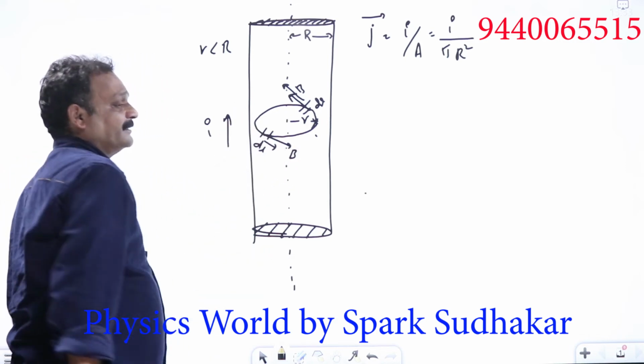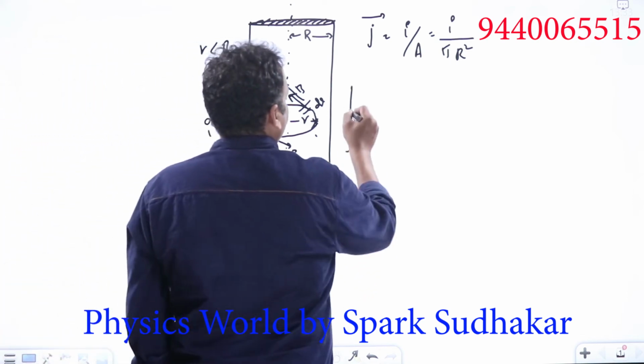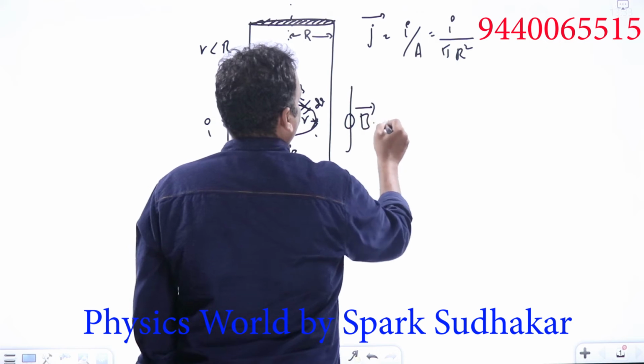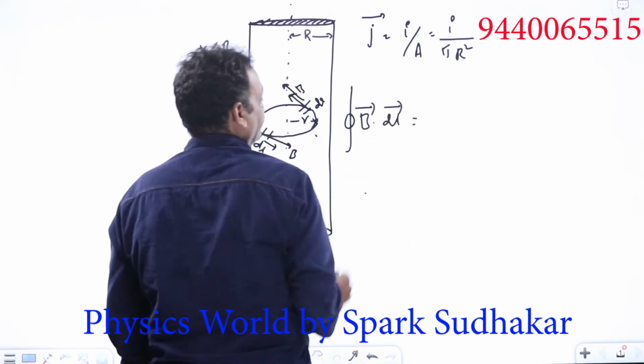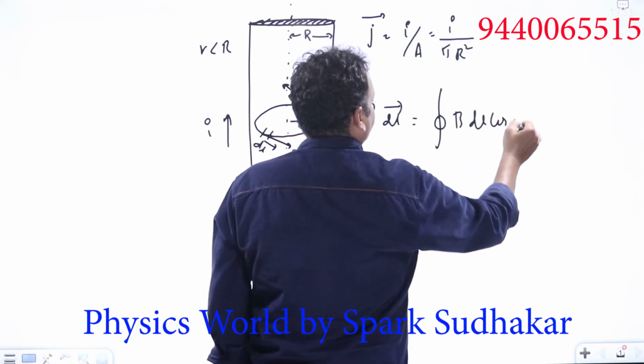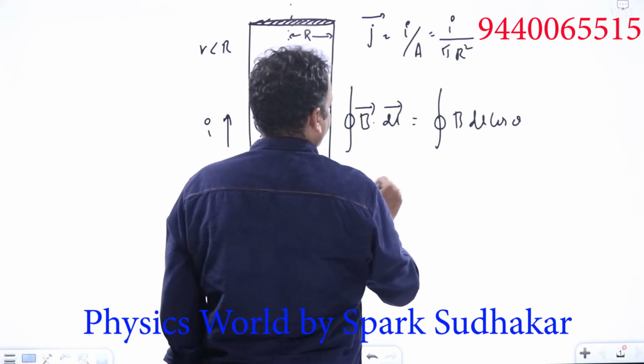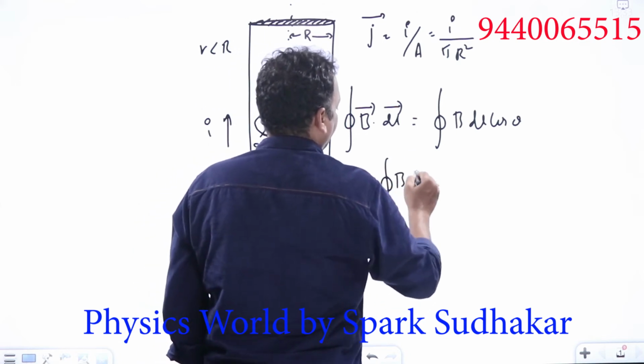The angle between B and dl is theta equal to 0 degrees. So the circular integral of B bar dot dl bar equals the circular integral of B dl cos theta. The angle between B and dl is 0 degrees, cos 0 is always 1. So this becomes simply the circular integral of B dl.